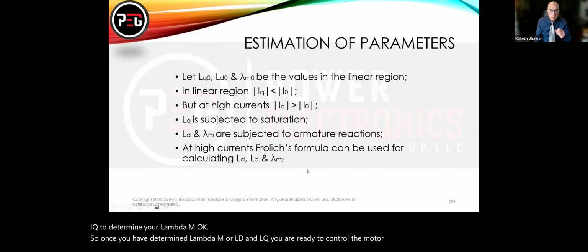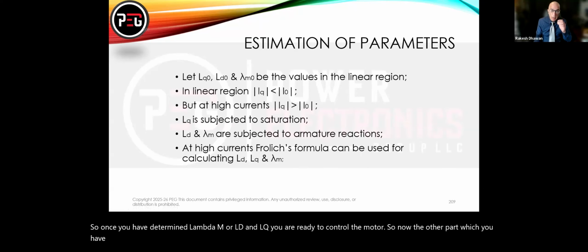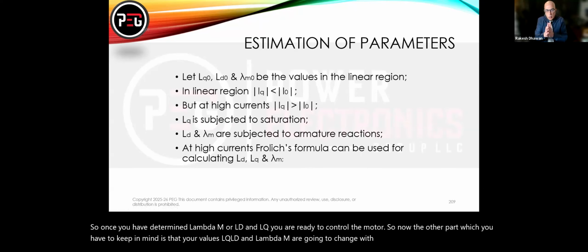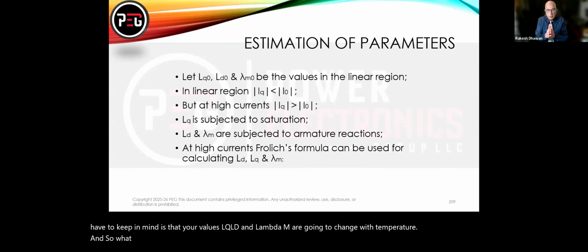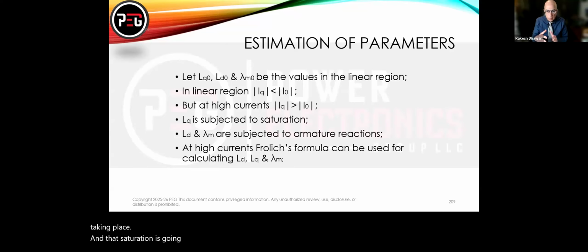Now the other part which you have to keep in mind is that your values, LQ, LD, and lambda M, are going to change with temperature. As you get into higher temperatures and higher currents, you're going to have saturation taking place. That saturation is going to confuse your controller, because you don't have the exact characterization of the motor.